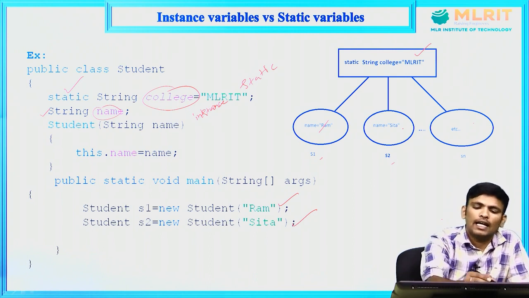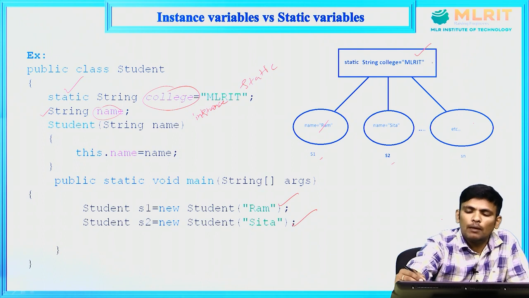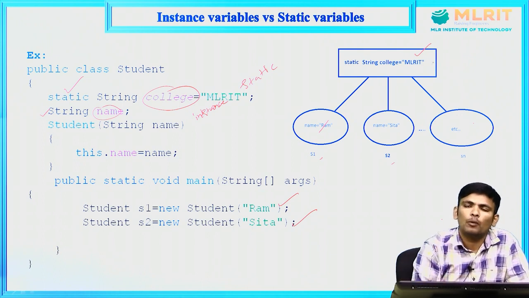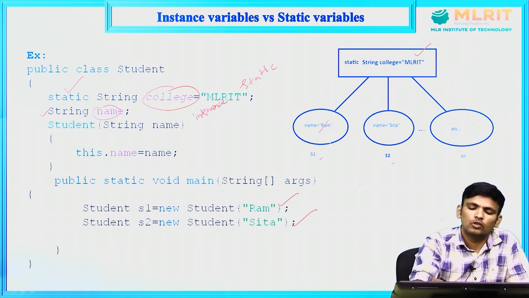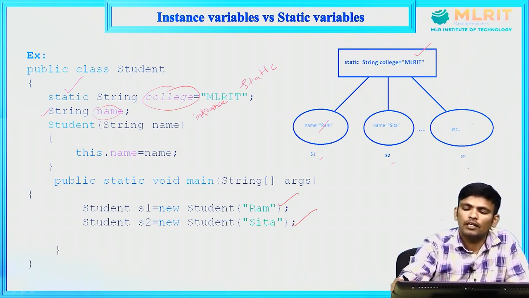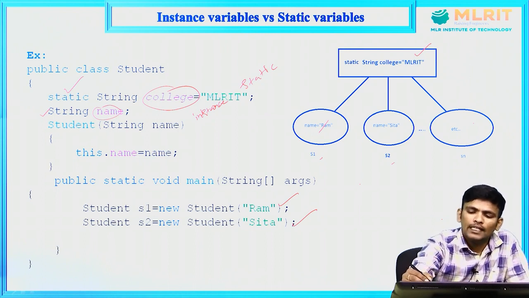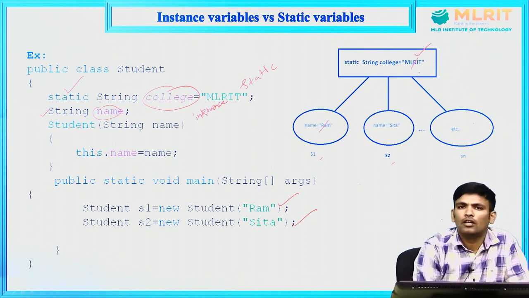But in a static variable, it will maintain only one copy in the physical memory, and it will share that copy with all objects. So here, for S1 the college name is MLR, for S2 the college name is MLR, for S3 the college name is MLR. Now, if you perform any changes at the root level, the class level, that will be reflected on every object in that class.